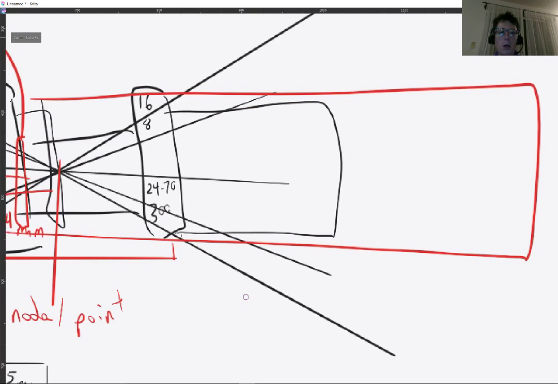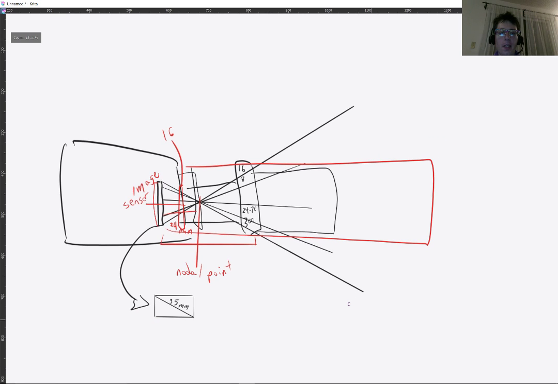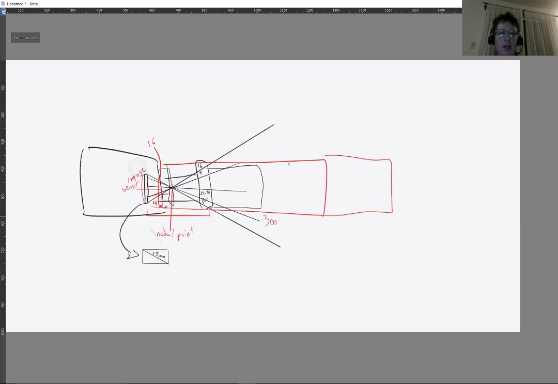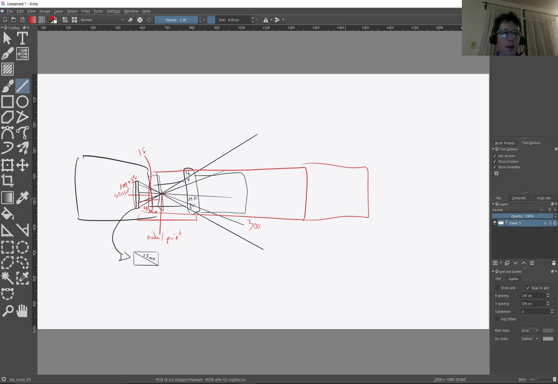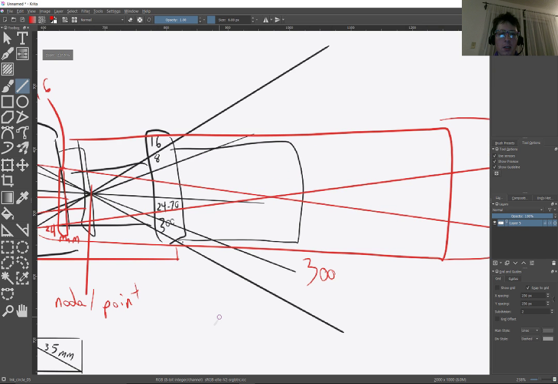Now what happens when you have a really, really long telephoto lens that can see really, really far? That's going to be a 300 millimeter, perhaps. You can even make it bigger. Now what's cool is notice how as I create that nodal point to go through this lens, this image is getting smaller and smaller.